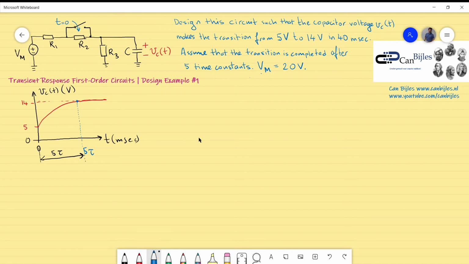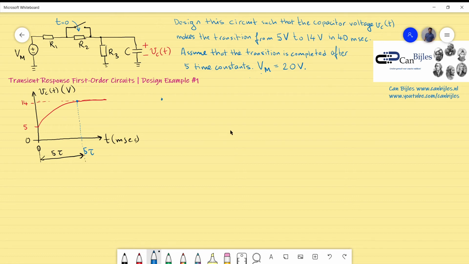Now, as we know from the previous examples, for calculating the capacitor voltage as a function of time, we require 3 parameters. These are the initial condition, which is given here and also in the text, 5 volts; the final value, or steady state value, which is 14; and also the tau. What we have is 5 times tau, so we can easily calculate the value of 1 tau. Let's write it down.